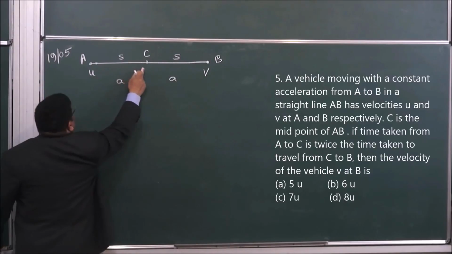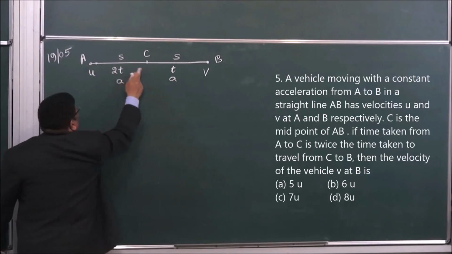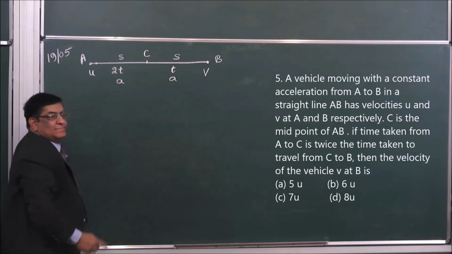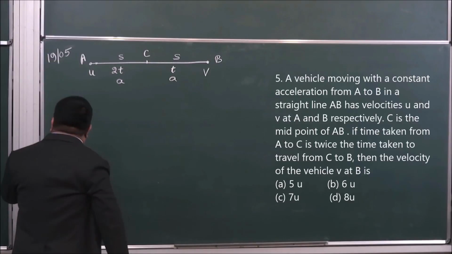So here it takes a longer time compared to this. The time from A to C is double the time taken from C to B. Correct? Now it matches everything, all the conditions. Okay. Then velocity of the vehicle at B.